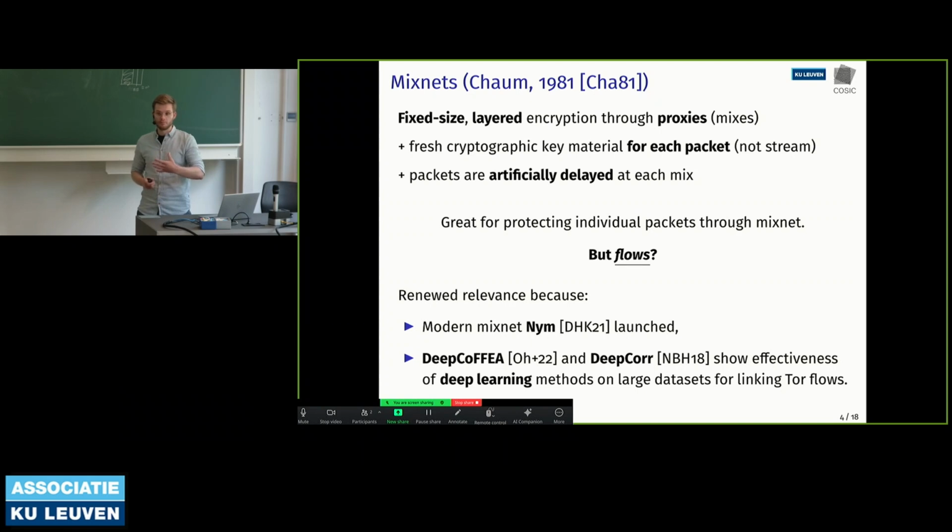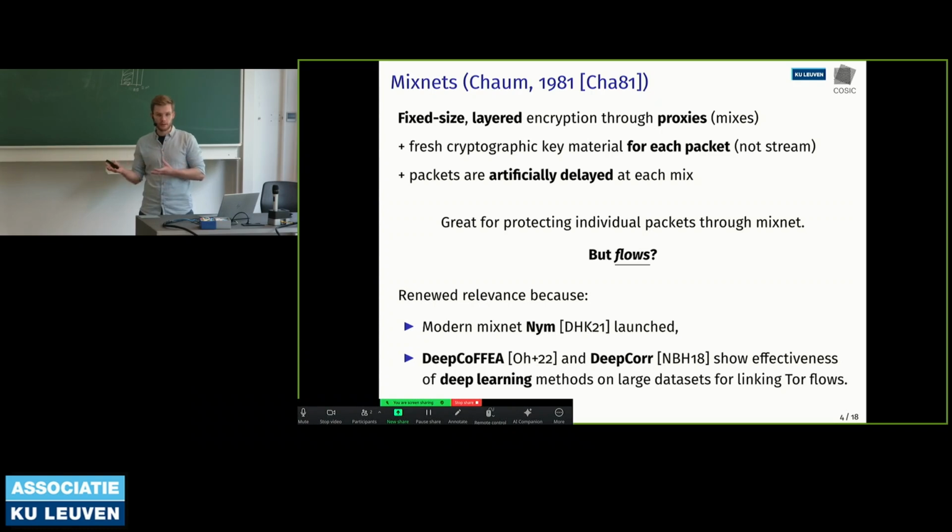Making this question relevant, right? Like, how does it help against flows? And then two recent scientific works have shown that deep learning methods, the very popular methodology conquering all the fields, are very effective at linking Tor connections.